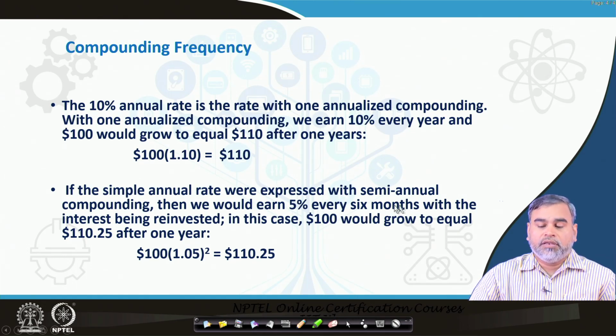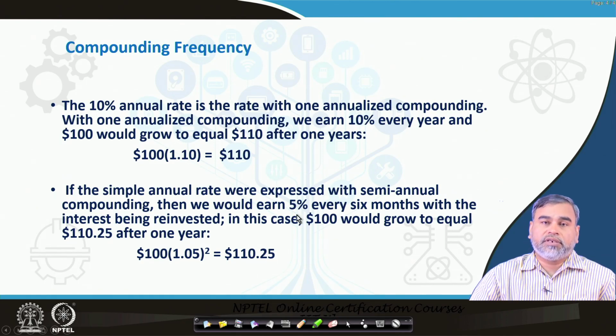With the interest being reinvested, the amount we get per year is 100 rupees multiplied by 1.05 to the power 2, that is 110.25. Previously we were getting 110, now we are getting 110.25.